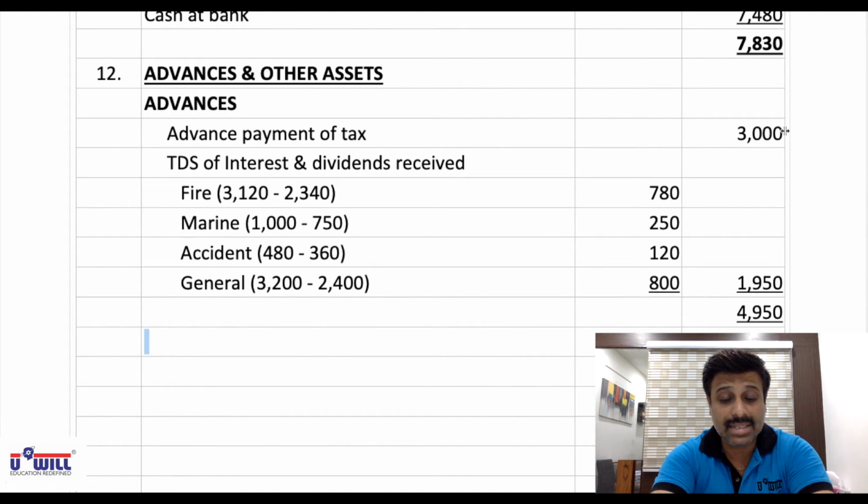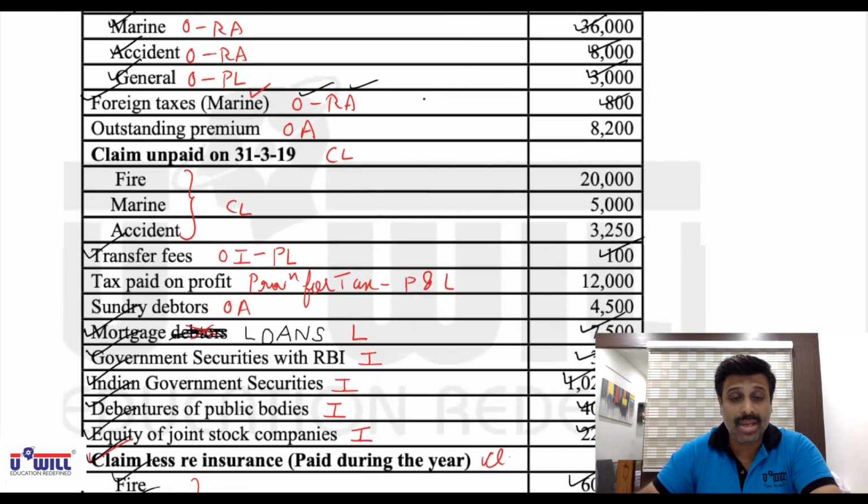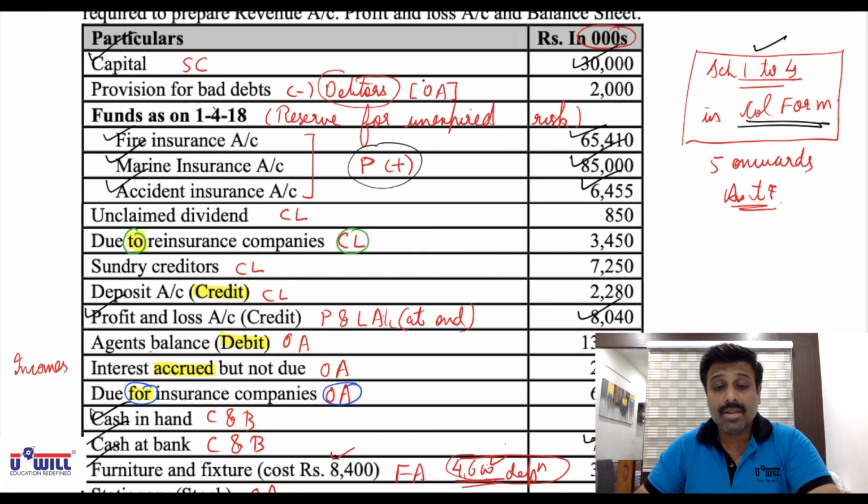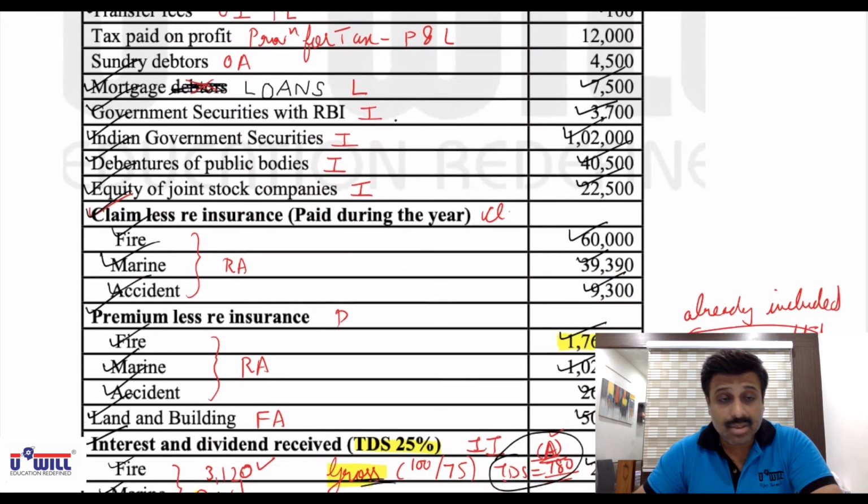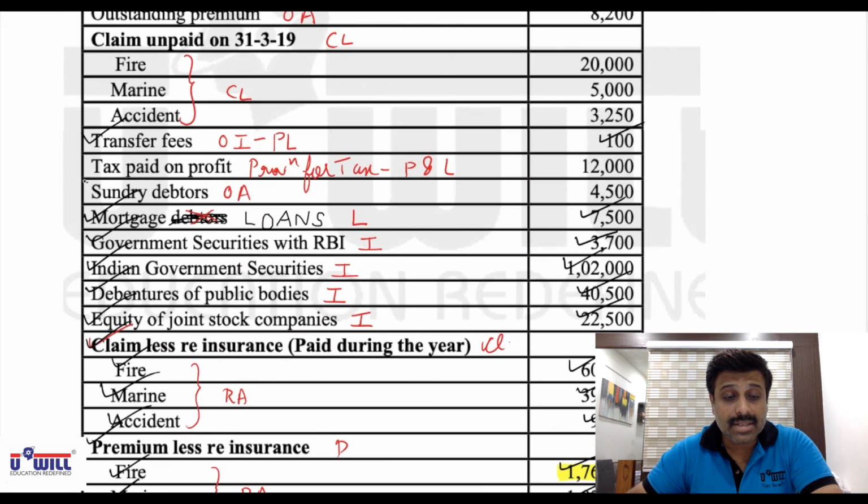Now we show other assets. Within other assets, all the items marked as OA will be taken into consideration. So very first we have this provision for doubtful debts, which we have to minus from debtors in other assets. So debtors first we record. Sundry debtors, you all can see 4500.